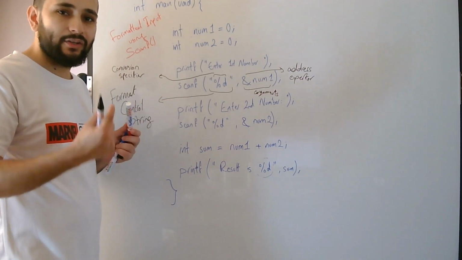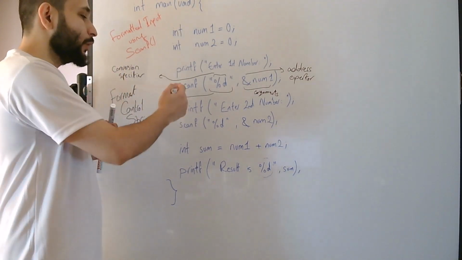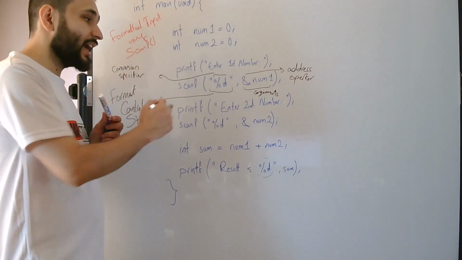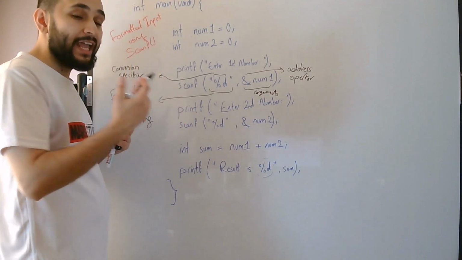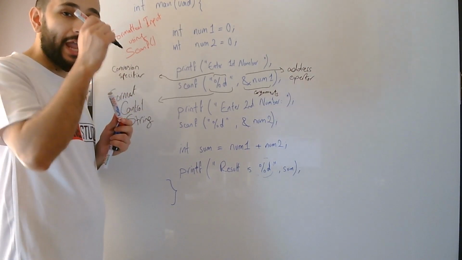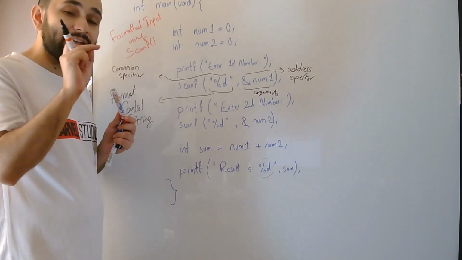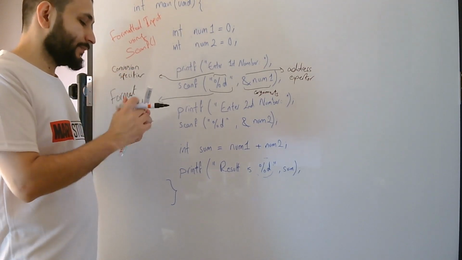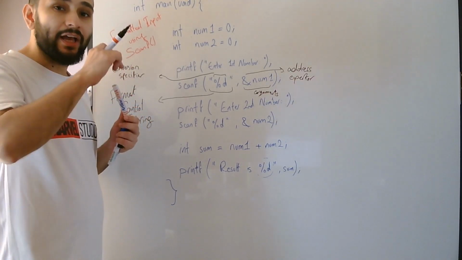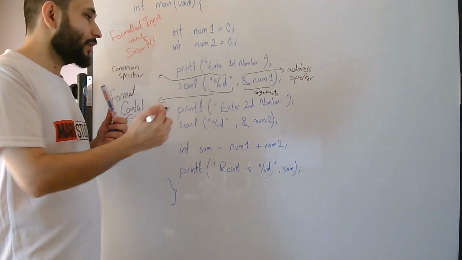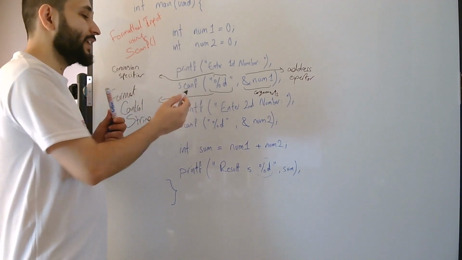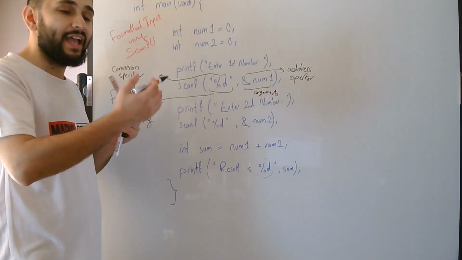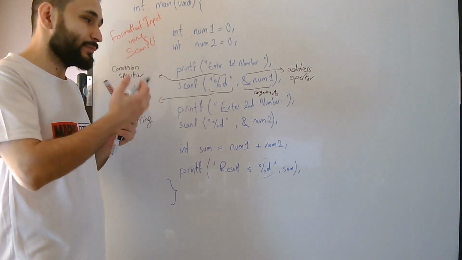Also, one last thing you need to remember is that when we use the scanf function and the user inputs their data, the scanf function expects the user to press the enter key on the keyboard after entering the data. This enter key is very important, and that is what scanf is expecting to see, that this is the end of the data being entered.